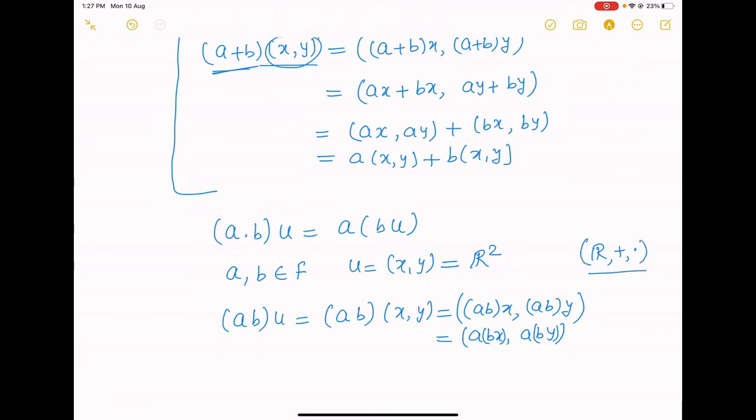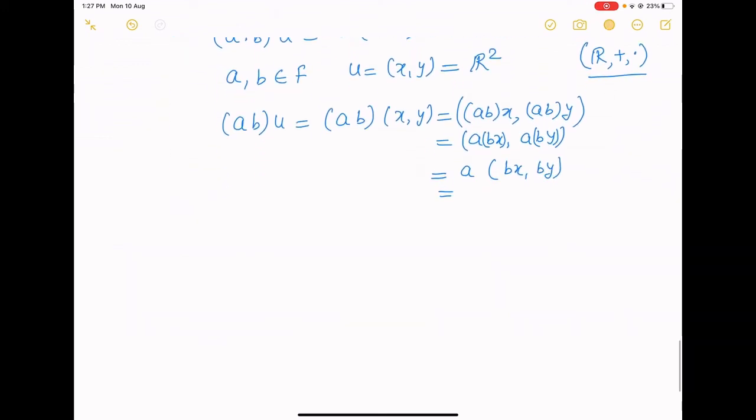It satisfies this property (ab)x equal to a dot (bx). Again, this is a operated on (bx, by), and again this is equal to a operated on b operated on (x, y). This gives you abu.